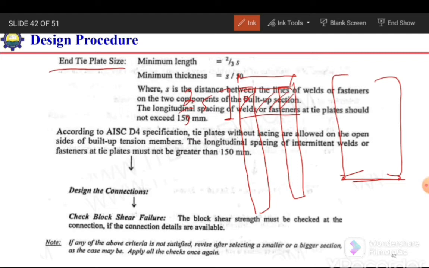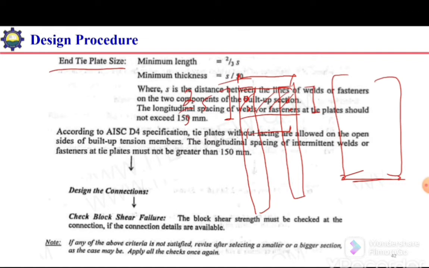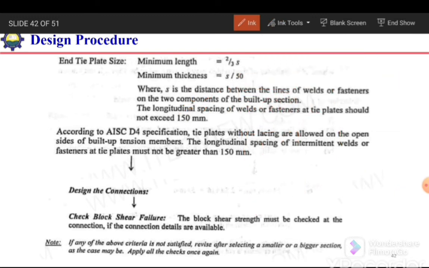And if we are using bolts, the distance between these bolt lines will be S. So the length of this tie should be 2/3 of S, and the minimum thickness of this end tie plate should be S over 50. This will be further discussed in case of compression members when we study the design of lacing.